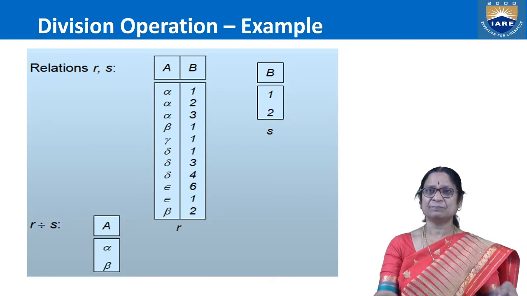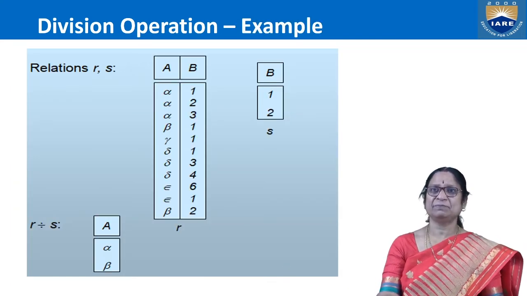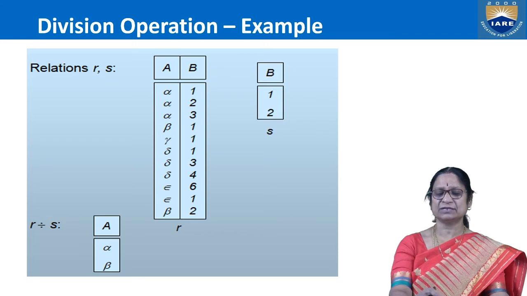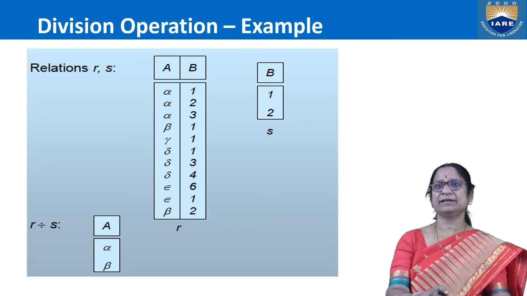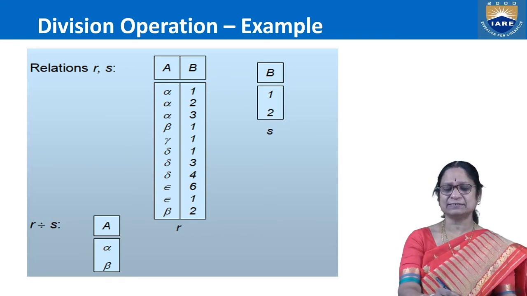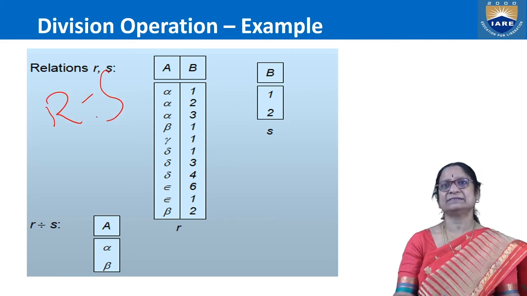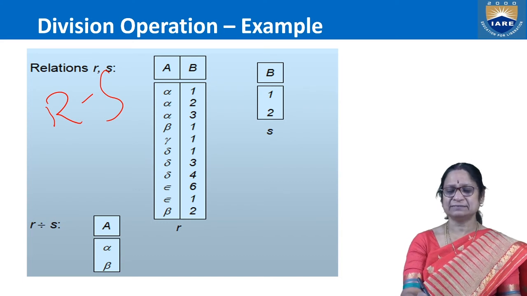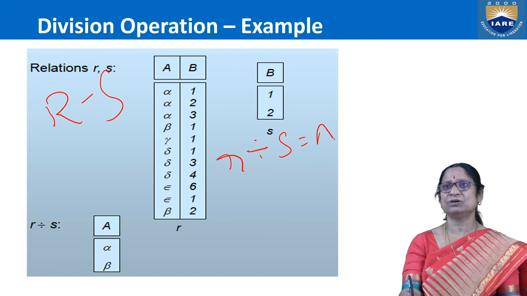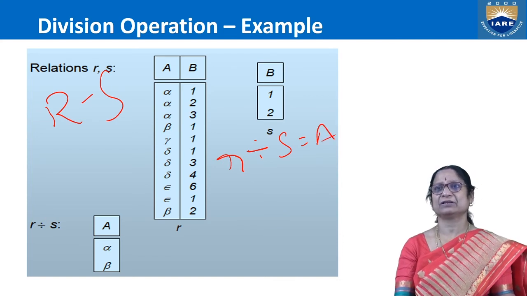We'll take a small example, two examples, then it may be a little bit more explanatory. Relations R, S. R is having attributes A, B, and the attribute of S is B. So that's why the schema of R contains the schema of S. So what is the result? As we discussed earlier, the result of R division S is R minus S. That means this R division S consists of the A attribute only.